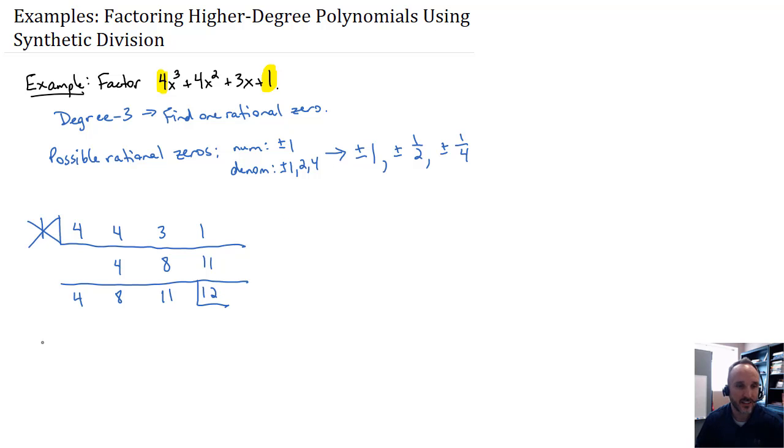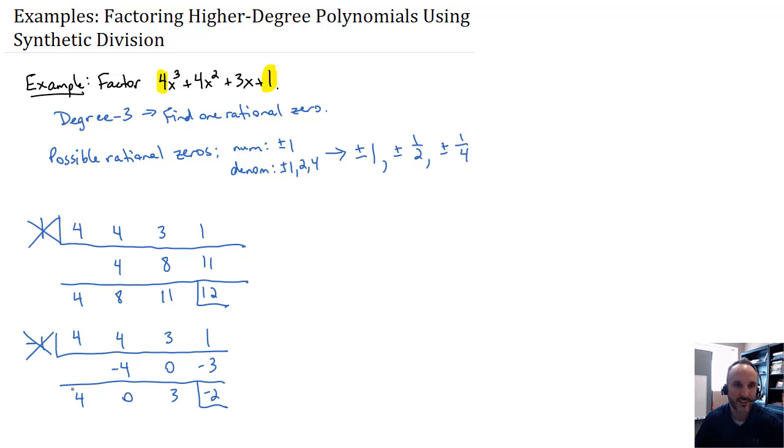Let's test negative 1. 4, 4, 3, 1. Drop the 4 down, multiply, add, multiply, add, multiply, and add. We don't get a remainder of 0 there either, so negative 1 is not a rational zero.